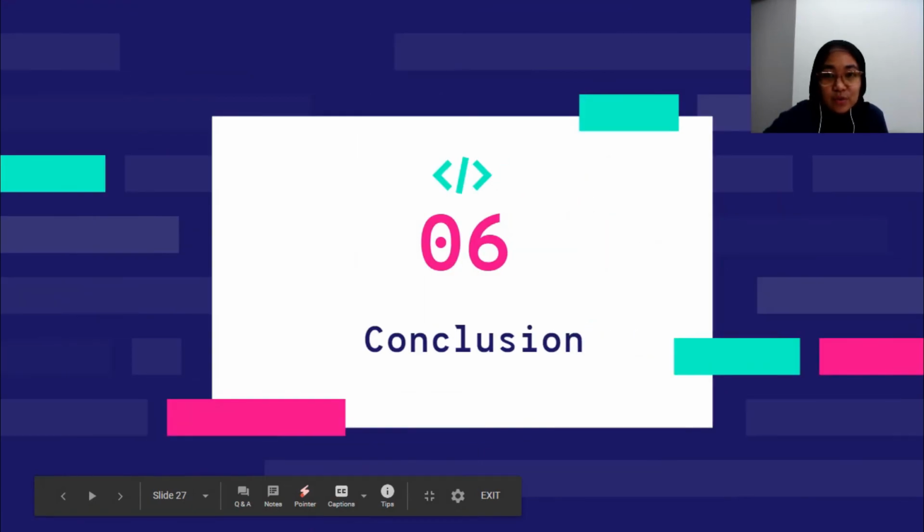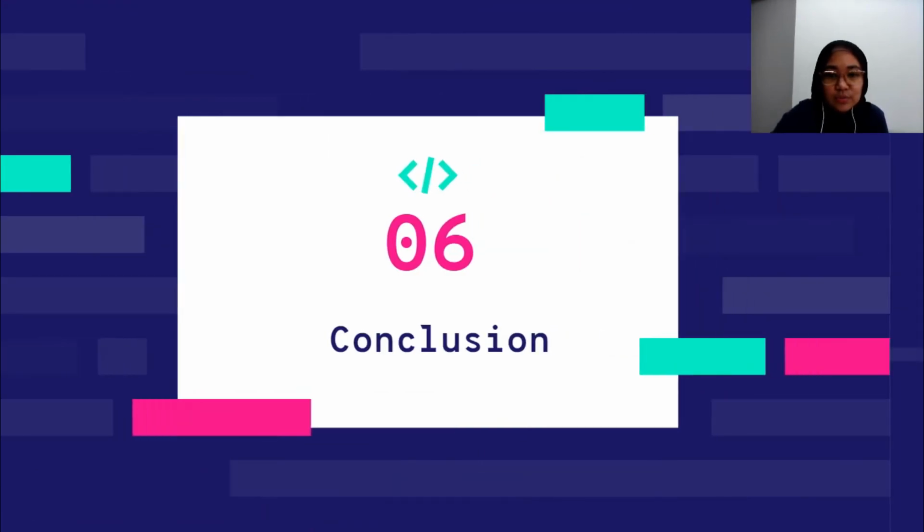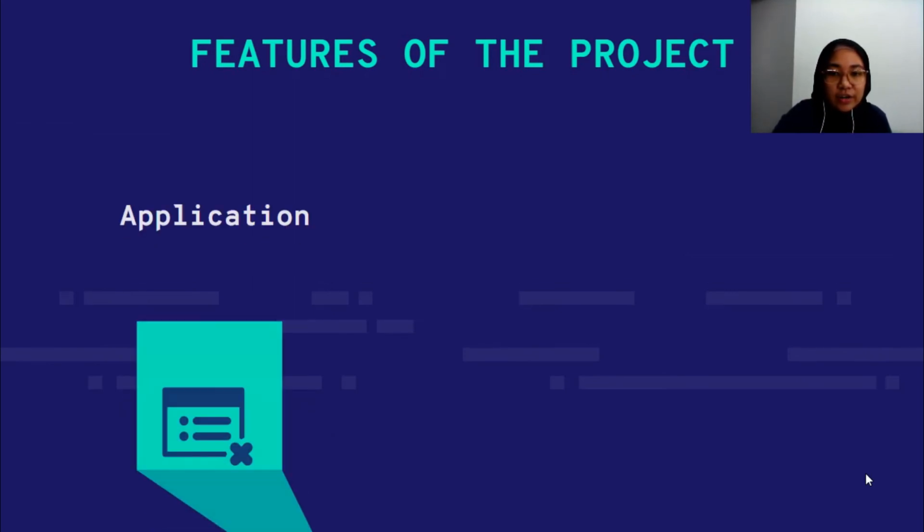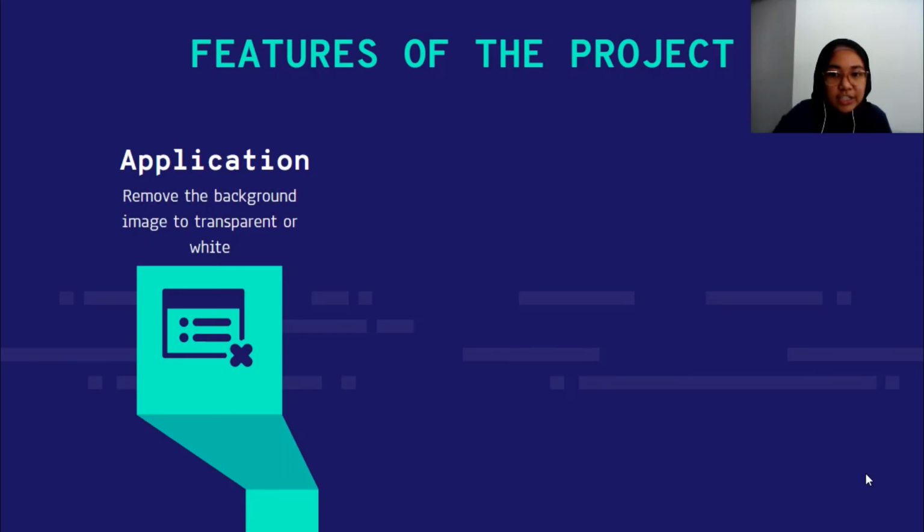Moving forward to the conclusion. To conclude the presentation, the features of the project mainly focus on converting the background of the image to transparent or white so it can be easier to paste on digital documentation, especially for students and supervisors.